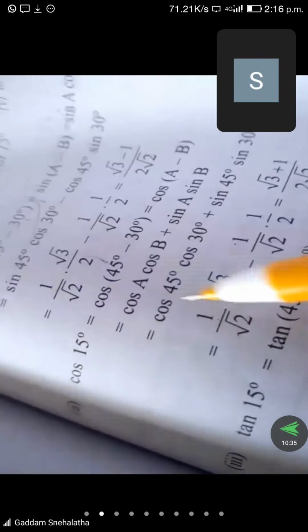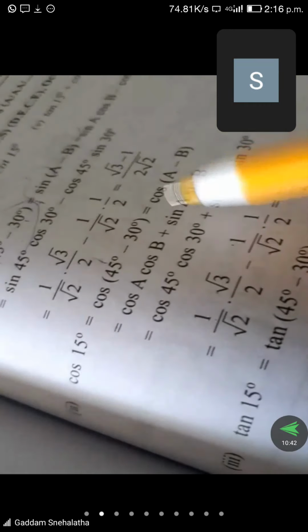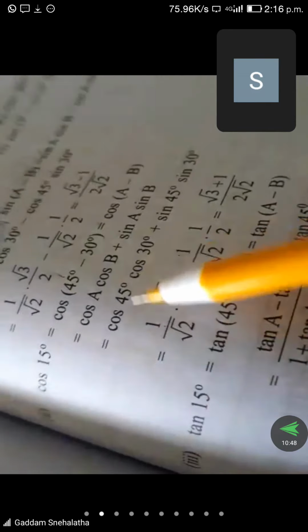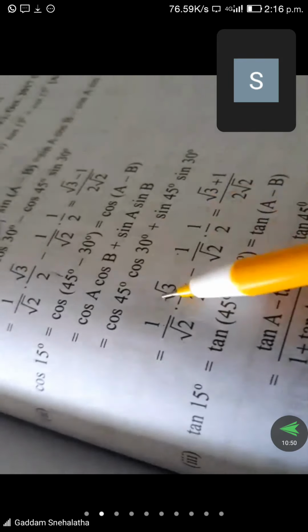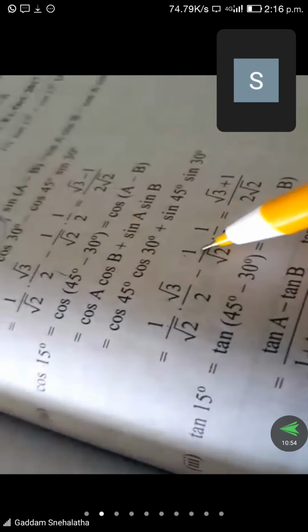So cos 45 is A, next cos B, so cos B value is 30, plus sin A sin B. Sin A value is 45, sin B value is 30. So cos 45 is 1 by root 2, cos 30 is root 3 by 2, minus, so here we get plus.